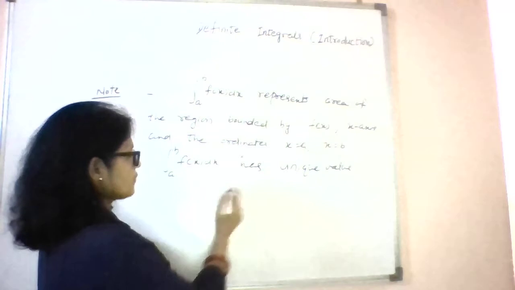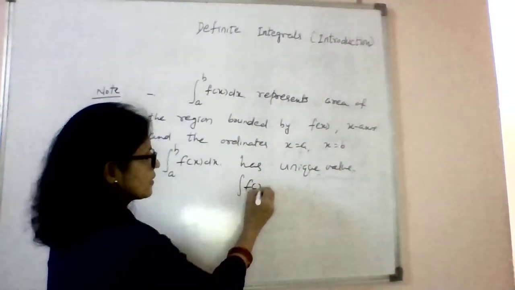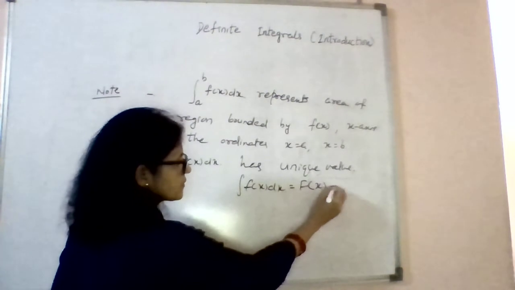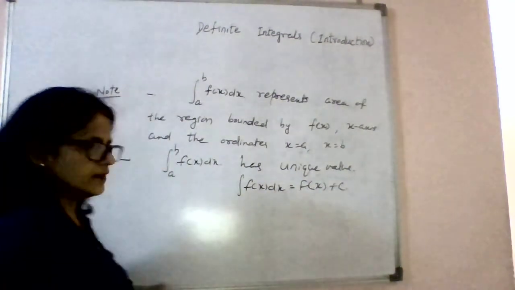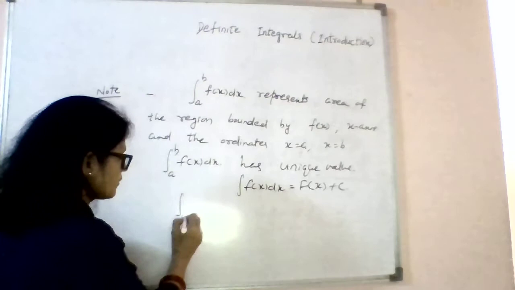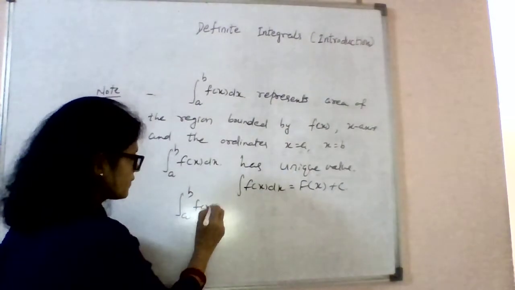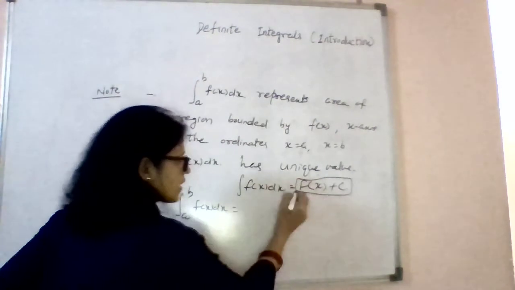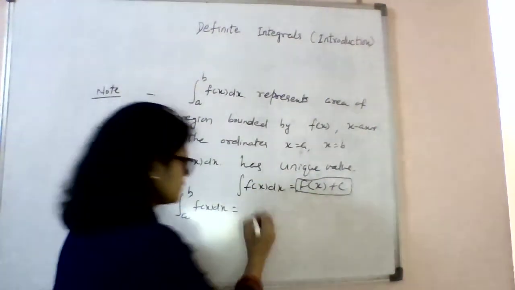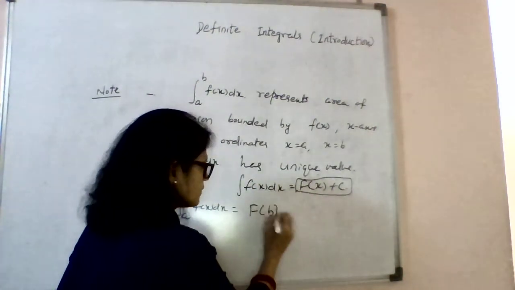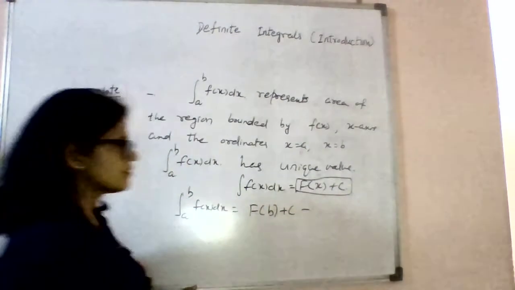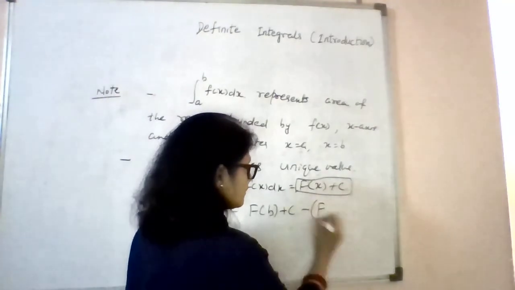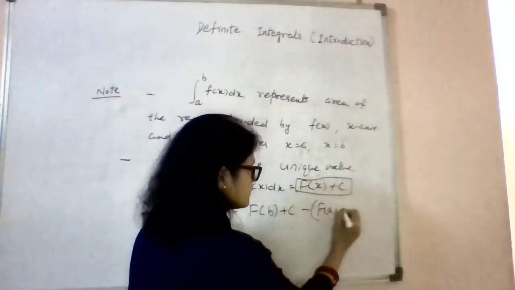If you have the integral of f(x) dx, for example, it is F(x) plus c. Now whenever you write from a to b f(x) dx, it means the value of this at upper limit, F(b) plus c, minus its value at lower limit, F(a) plus c.